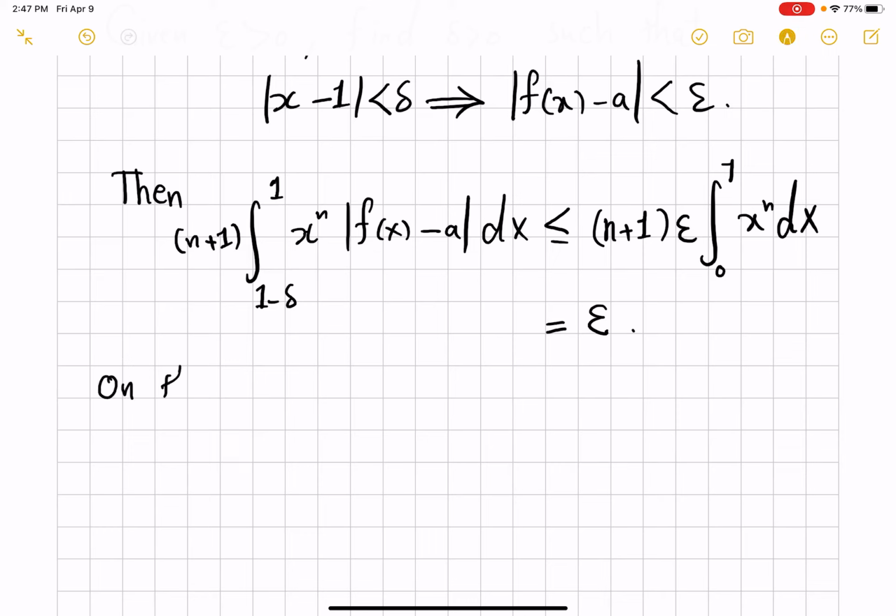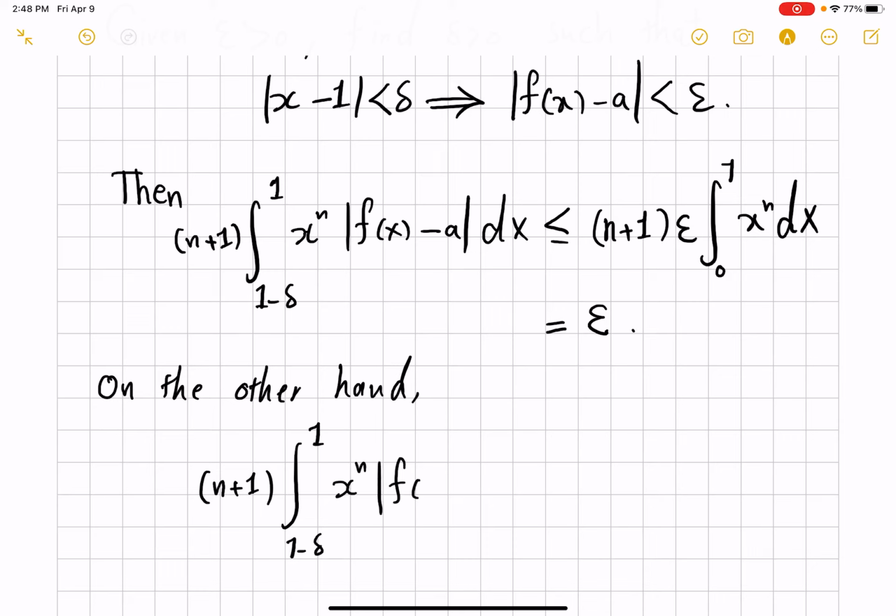On the other hand, (n plus 1) times the integral from 0 to 1 minus delta of x^n |f(x) minus a| dx is less than... So here I want to put the maximum possible for the absolute value inside because I have no better upper bound.